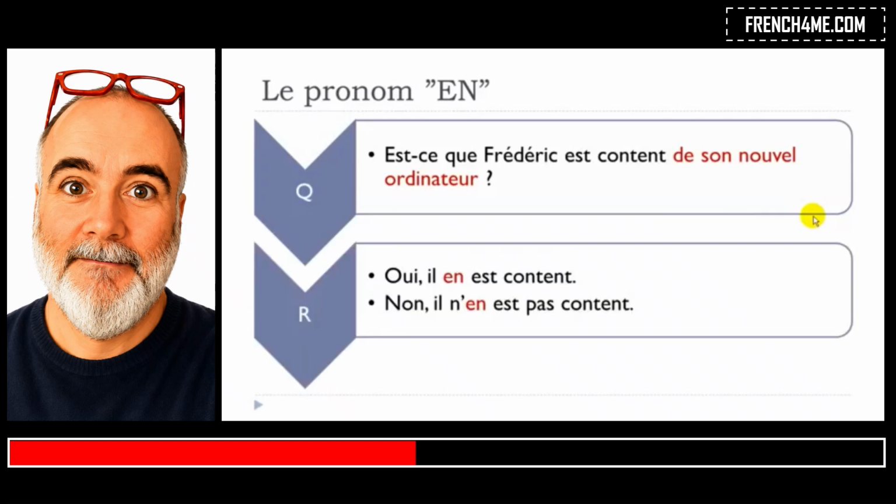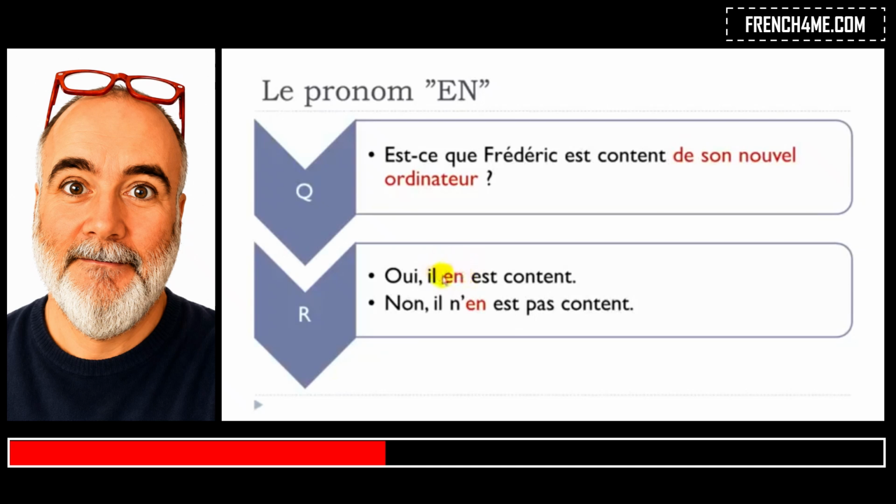All right, so it's exactly the same concept. You could answer, I mean, you could make a long answer reusing every object or everything in the question, but then in that case we'll try to go a bit faster, and so we don't want, of course, to repeat de son nouvel ordinateur here. Okay, so the concept is that we will use this pronoun en instead. Oui, il en est content.